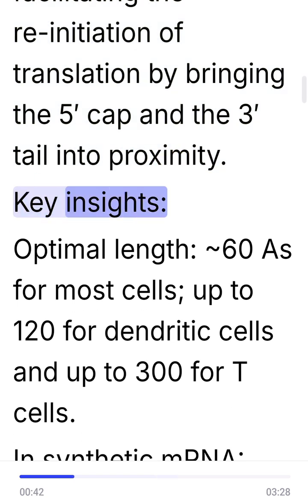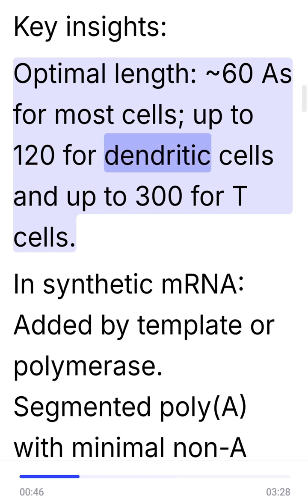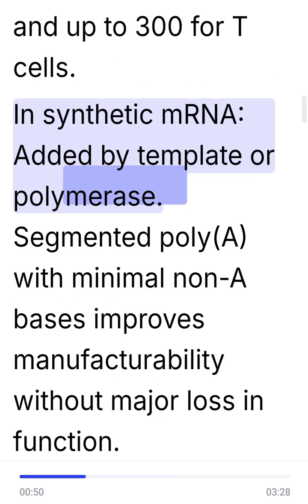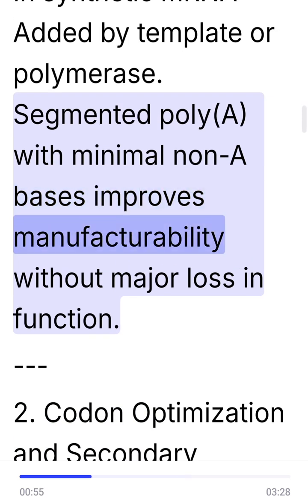Key insights: optimal length is approximately 60 A's for most cells, up to 120 for dendritic cells, and up to 300 for T cells. In synthetic mRNA, it is added by template or polymerase. A segmented poly(A) with minimal non-A bases improves manufacturability without major loss in function.